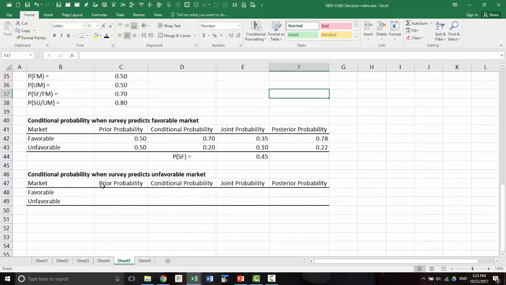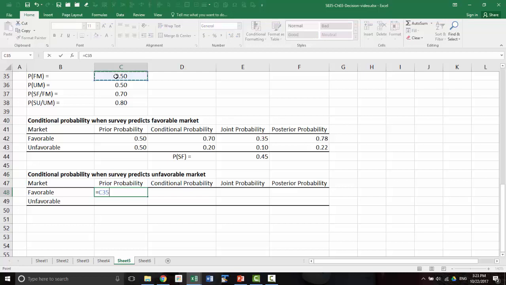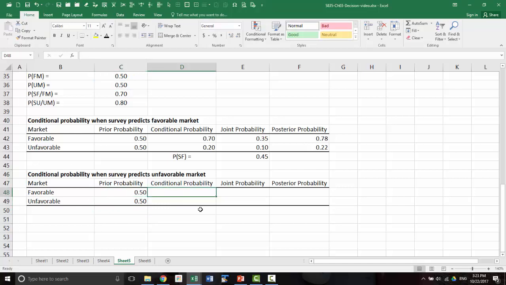And we can do the same thing when the survey predicts unfavorable market. So this is again the same 50-50 that we begin with. Now we want the probability survey predicts unfavorable market. So P of SU given FM.